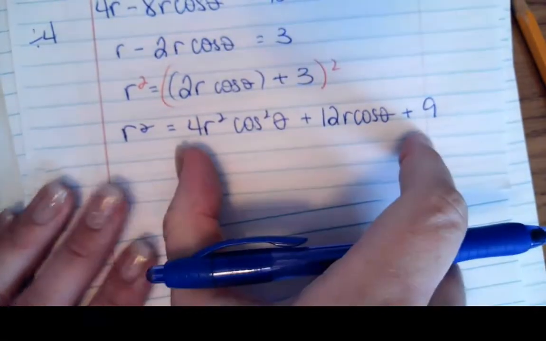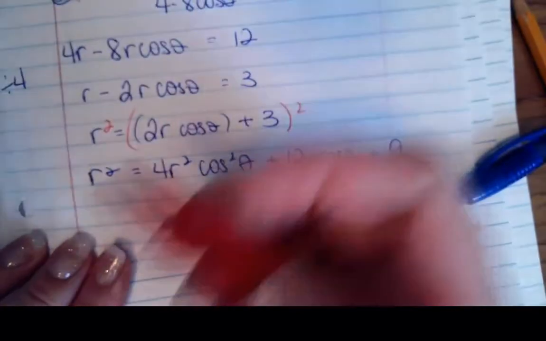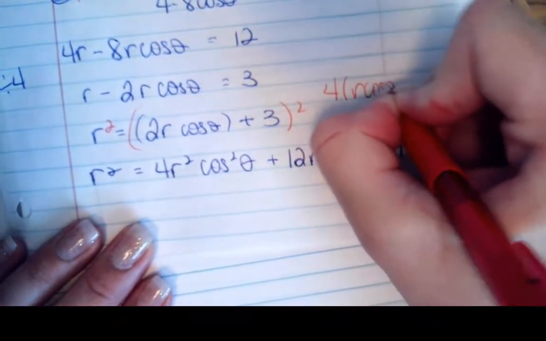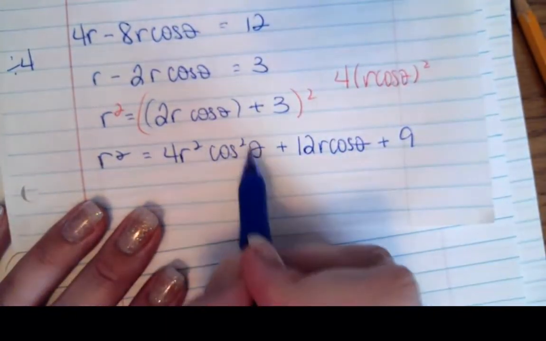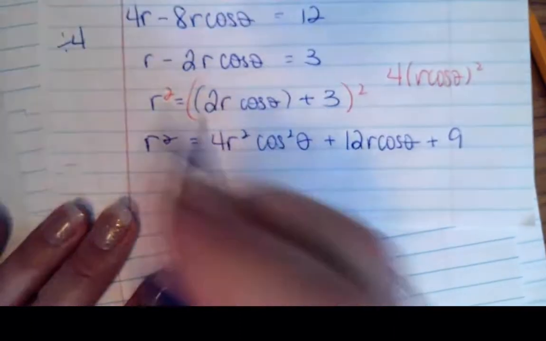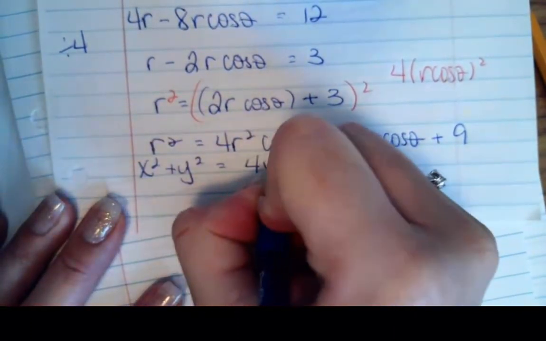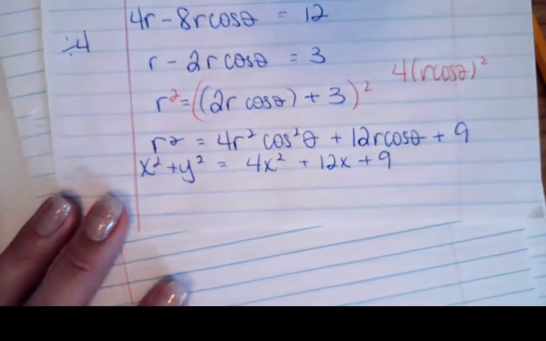Okay, so I've got this mess right here. Well, if I notice, this can be rewritten as 4 times r cosine theta squared, which means this is just x squared, and this is just x. So this gives me x squared plus y squared equals 4x squared plus 12x plus 9.